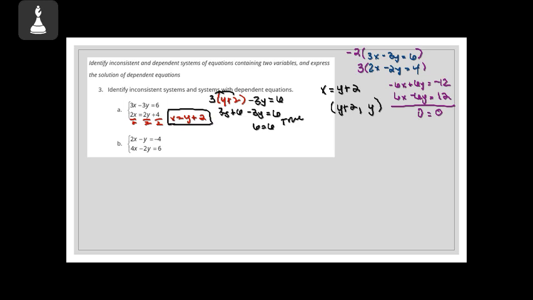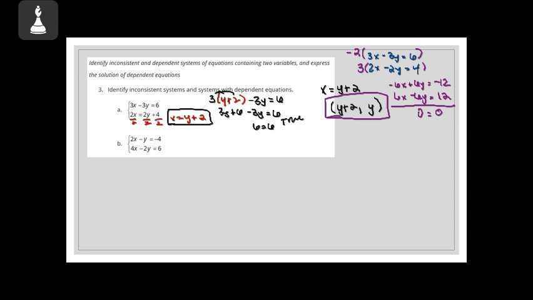So that's how I've got that one there. Now, you could have also gone and solved for y, and then your system would look a little bit different here. So let me show you that real quick. Let's say I took that top equation, 3x minus 3y equals 6, and instead I solve for y.